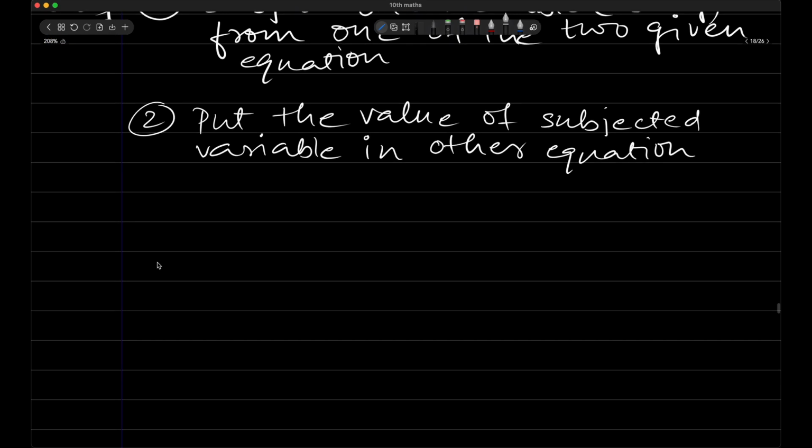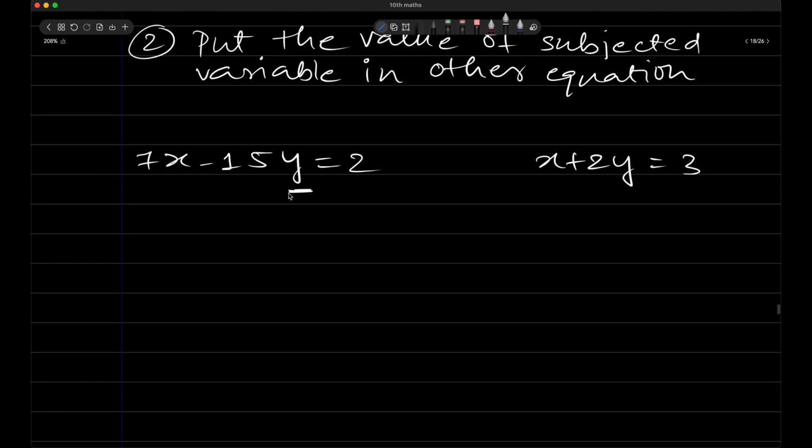In this example, we are given the two equations 7x minus 15y equals 2 and x plus 2y equals 3. Now let us make y the subject from equation 1. We send all the terms except y to the other side, that is 2 minus 7x.